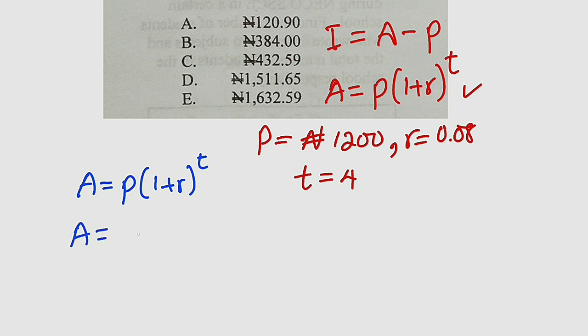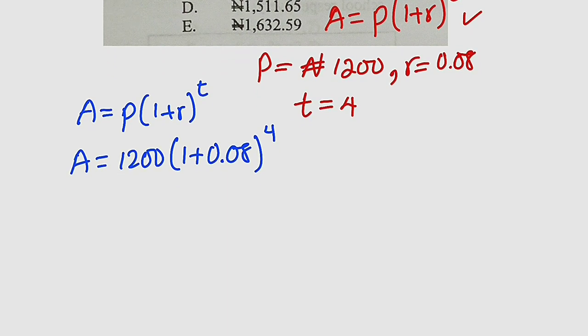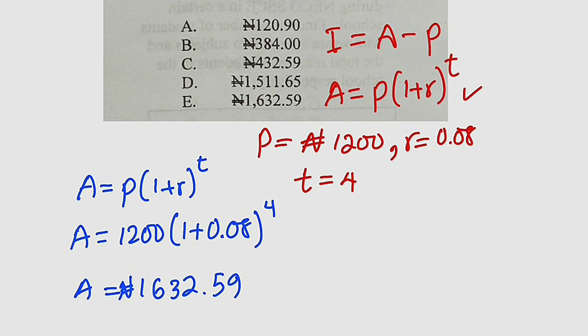And A here is equal to 1,200 multiplied by 1 plus 0.08 raised to the power of 4. If you simplify this, you're going to obtain 1632.59 naira, which you can see as option E.